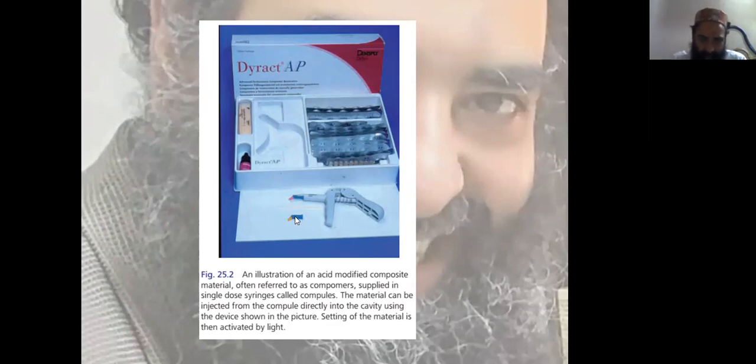In a single tube, or single dose syringes, also called compules, and directly you can inject this material into the cavity by using this device, this gun, and this material then sets by light source.